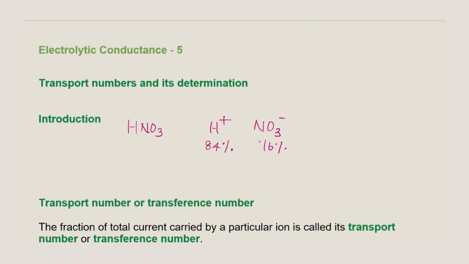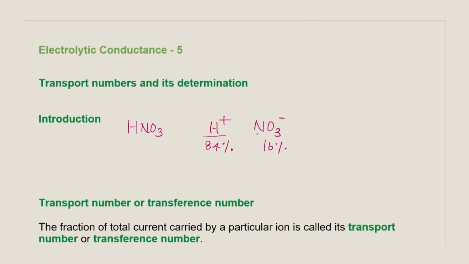Now, what is the reason for that? The conductance of H plus ions depends upon the velocity with which the H plus ion moves, as well as the conductance of nitrate ions depends upon the velocity with which the nitrate ions are moving in the electrolytic solution.